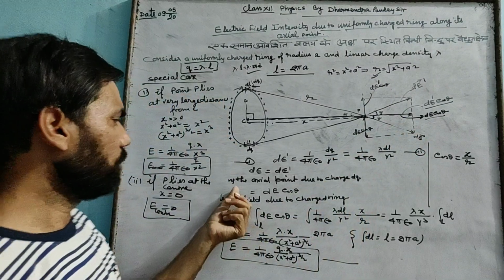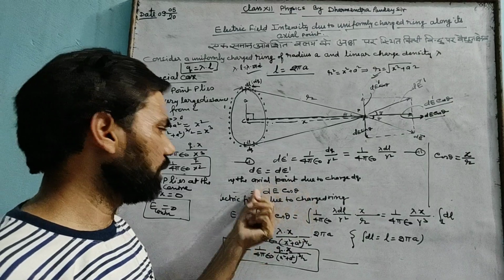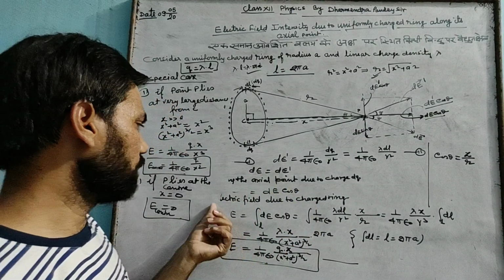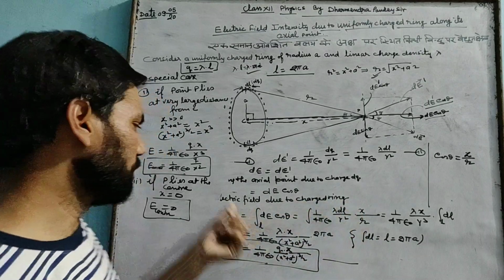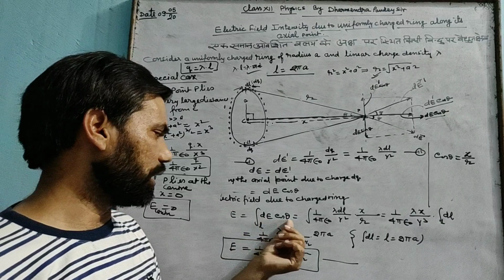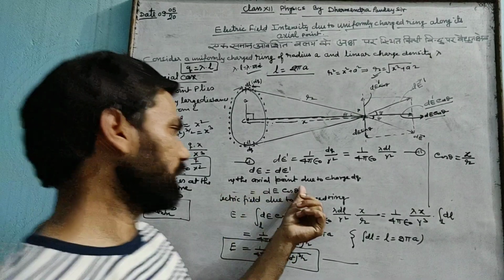So because of the first charge element, the component along the axial point is dE cos theta, and the electric field because of the whole charge distribution can be obtained by integrating dE cos theta over the length. Why do we take only the axial component?